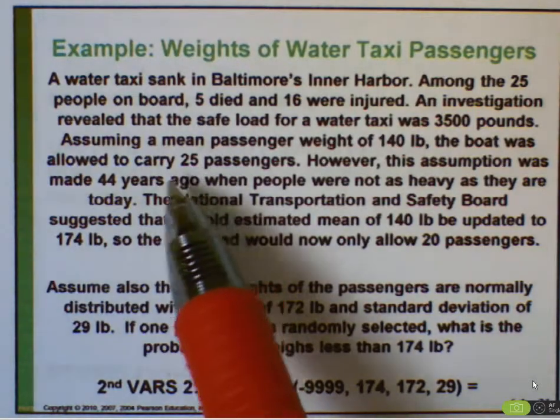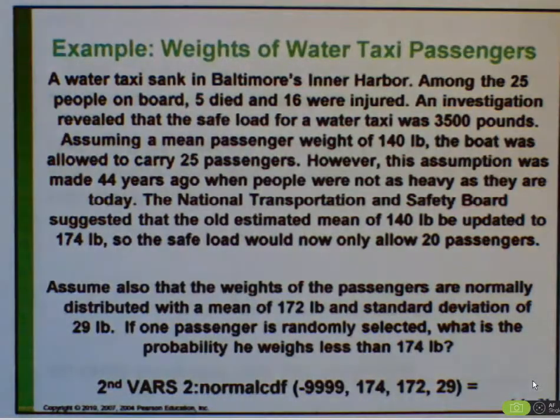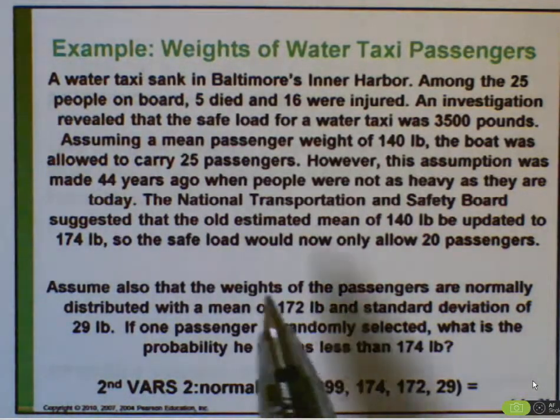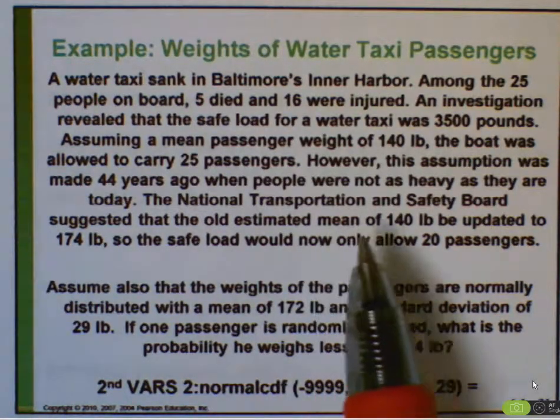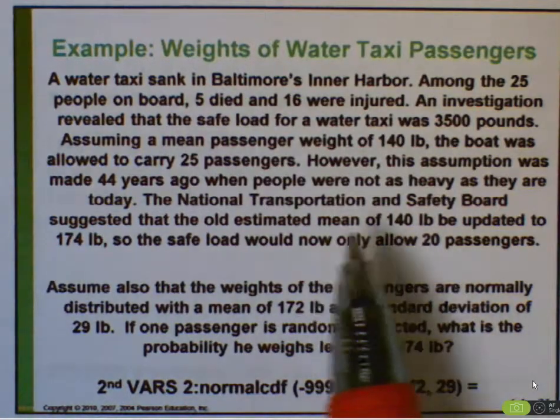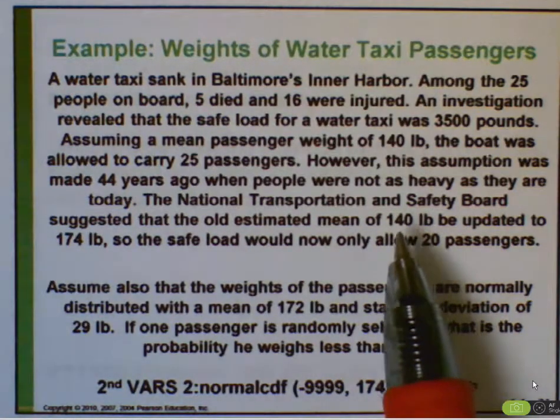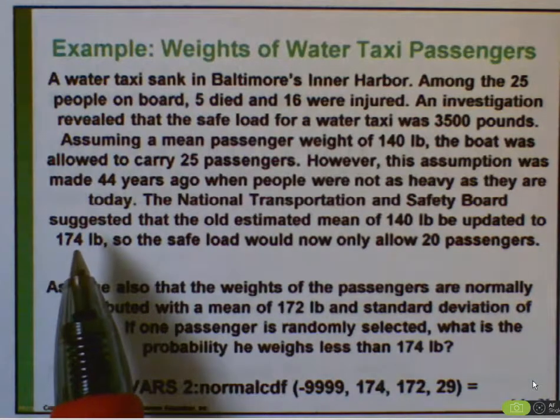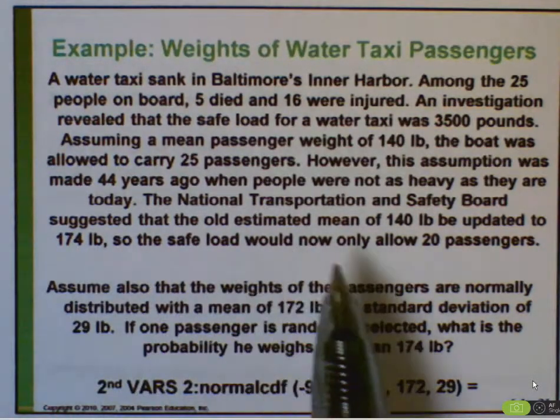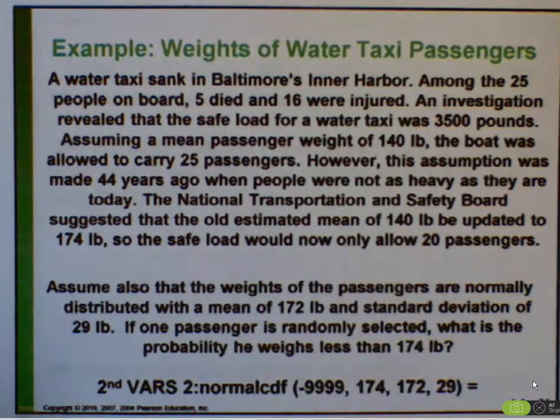However, this assumption was made 44 years ago when people were not as heavy as they are today. So the NTSB suggests the old estimated mean of 140 pounds should be updated to 174 pounds. So now we should only be letting 20 passengers on the boat.